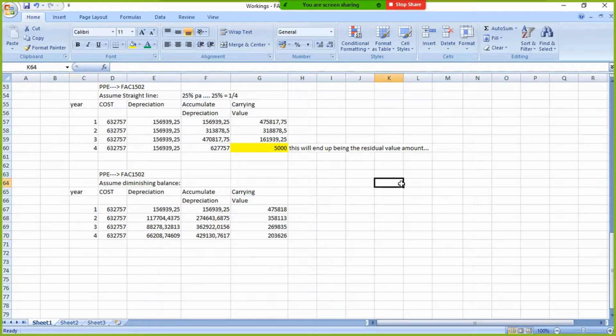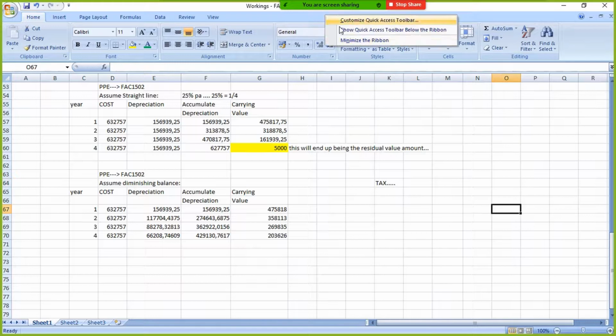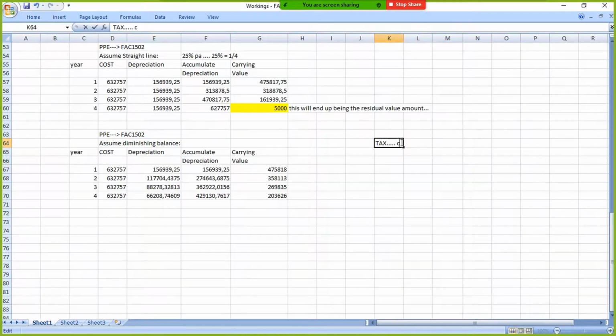Okay, maybe just to give you some additional information, from a tax point of view, there are certain tax modules. When you cover certain tax modules, they talk about capital allowances. And SARS has a rule for different assets. Okay, please don't worry about that for this module. This is beyond the scope. But SARS will actually tell you. So if it's a cell phone, you can write it off over 3 years.